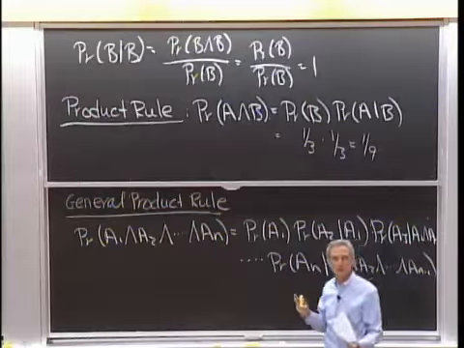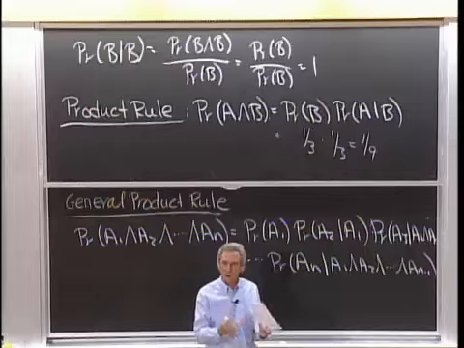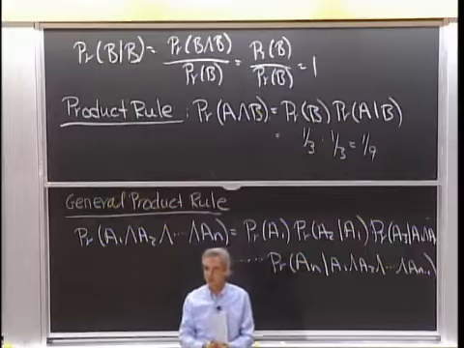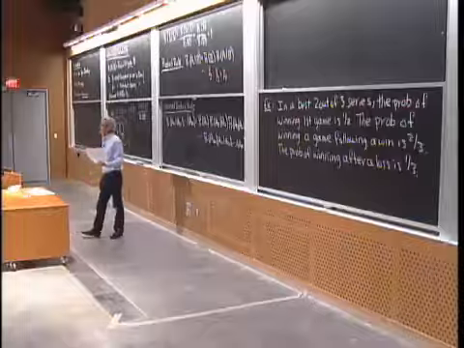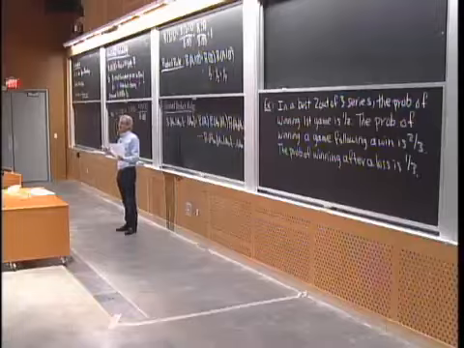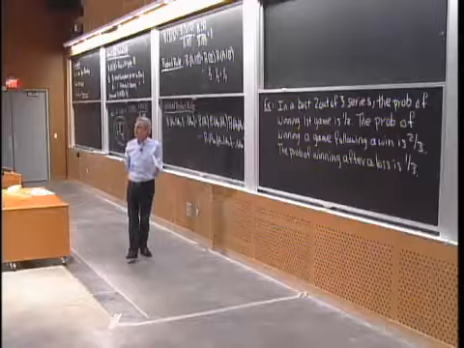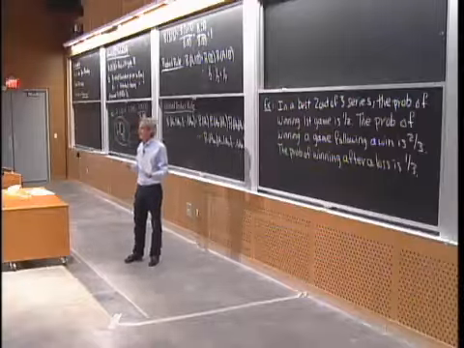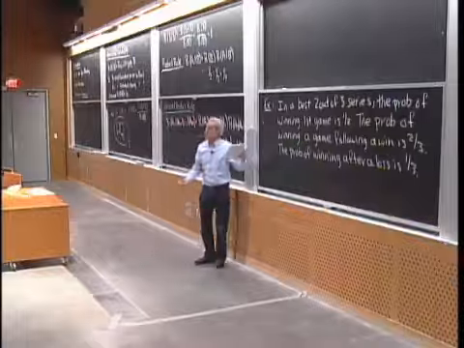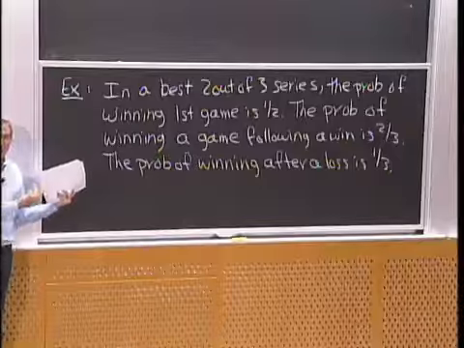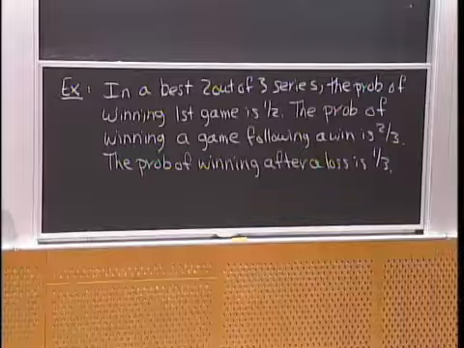Now, conditional probability comes up in two places in this problem. Can anybody tell me places where it's come up? So I've got the problem statement, and then the goal is to figure out the probability you win the series given you won the first game. So what's one place conditional probability is entering into this problem? Yeah? The probability changes depending on the result of the previous game. That's true. So the probability of winning any particular game is influenced by the previous game. So you're using conditional probability there. And where else?